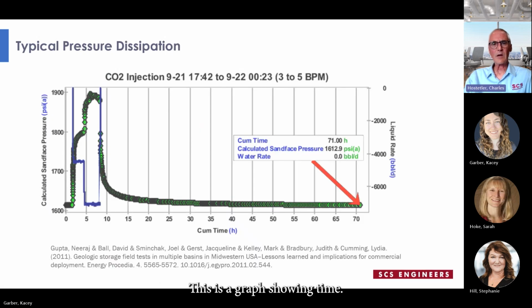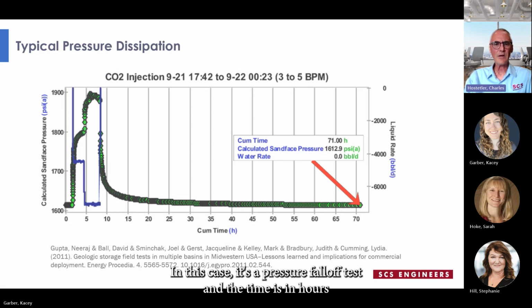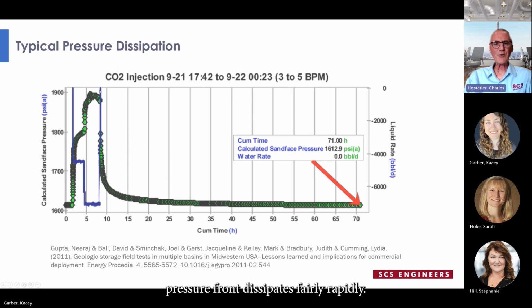This is a graph showing time. In this case, it's a pressure fall-off test, and the time is in hours. And the pressure is on the y-axis. And it shows you that for this pressure fall-off test, after you take the pressure off the system, the pressure front dissipates fairly rapidly.